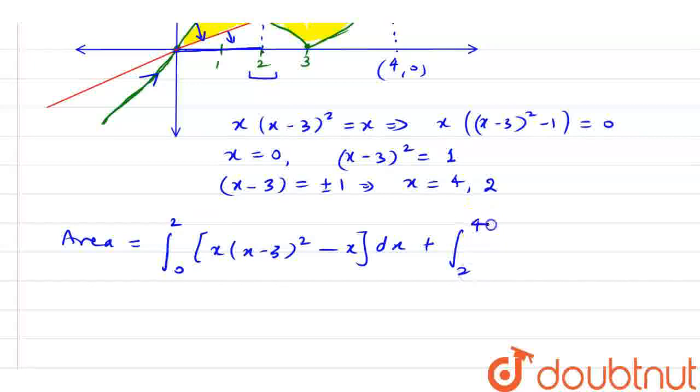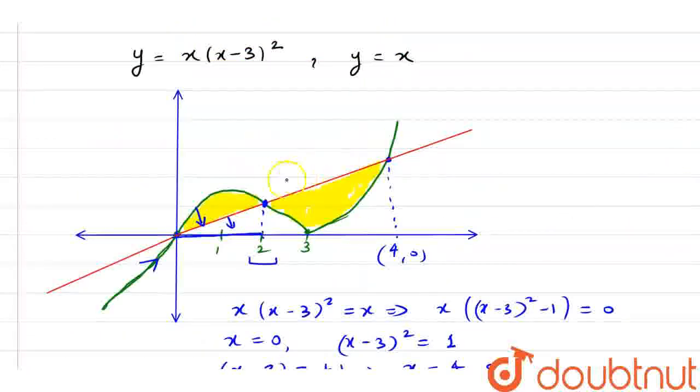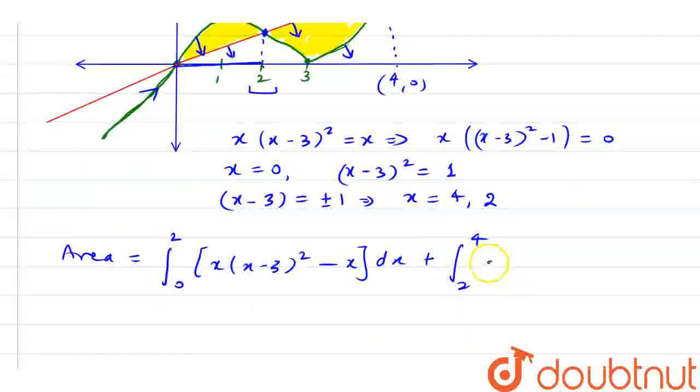Next we have the limit 2 to 4, where the upper curve is the straight line and the lower curve is our curve. So we subtract the curve from the straight line: x minus x into (x minus 3) whole square dx, right?